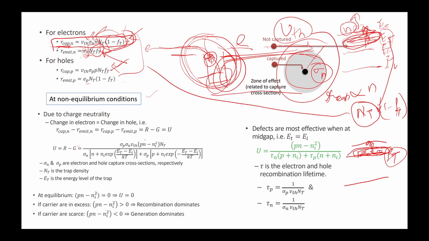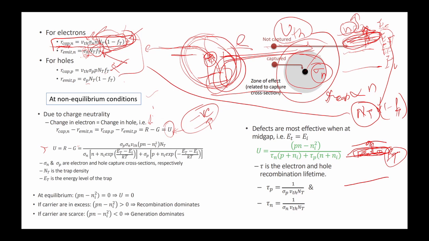R is recombination and G is generation, and U is the net rate, U = R minus G, the net rate of recombination. It can be recombination or generation. If U comes out negative, then it will be generation, because it is R minus G. So this is the net rate.